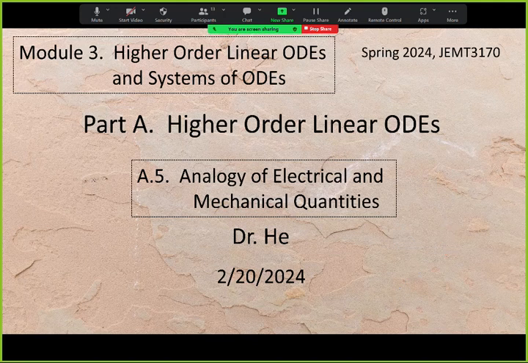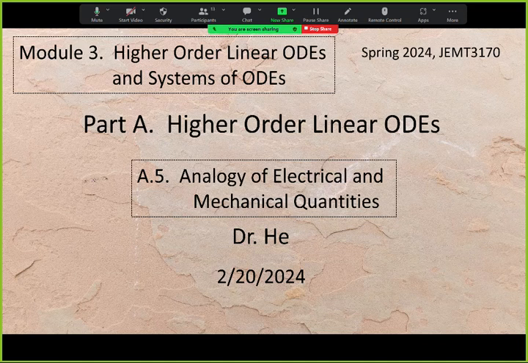8.5, analogy of electrical and mechanical quantities. In the application questions, we did these two types: mechanical, mass spring systems, and electrical.